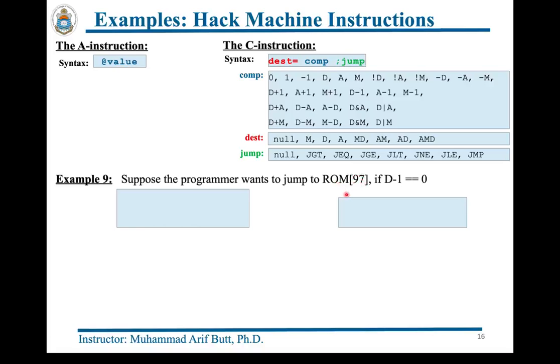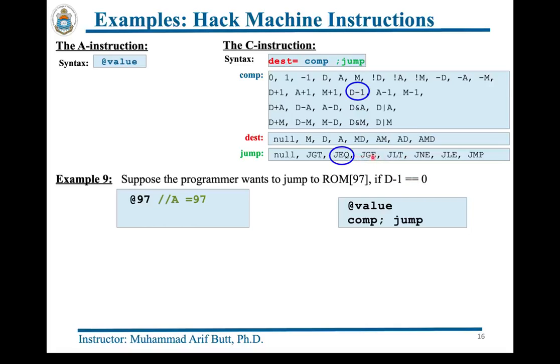So over here as well, first of all, we need to place the address 97 inside the A register using the A instruction, and then we are going to use the C instruction, this portion of the C instruction, computation semicolon jump, and the computation is of course D minus 1, and the jump directive that we are going to use is JEQ, because the condition is if D minus 1 double equals 0, only then we should jump.